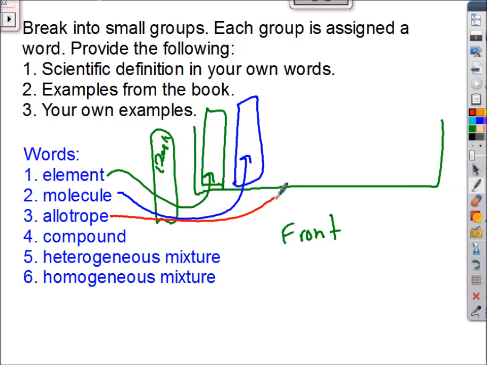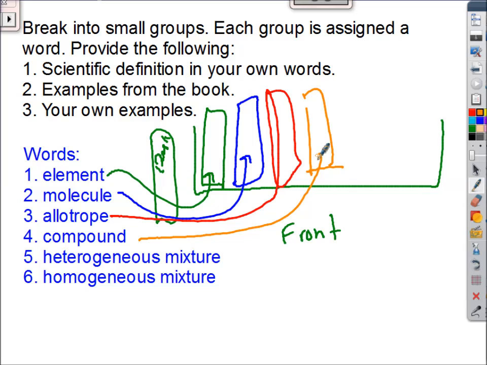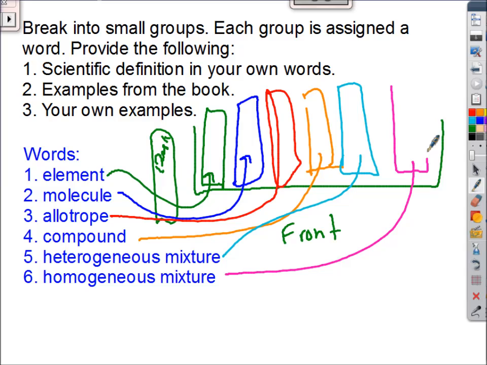The third set of rows will be allotropes. The next one will be compounds. The next one will be heterogeneous mixtures. And the last group, if you're on the end next to the wall, you're going to look up homogeneous mixtures.